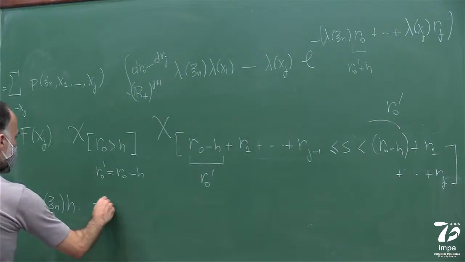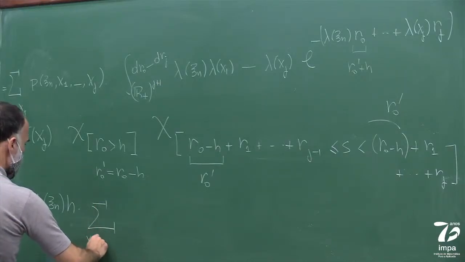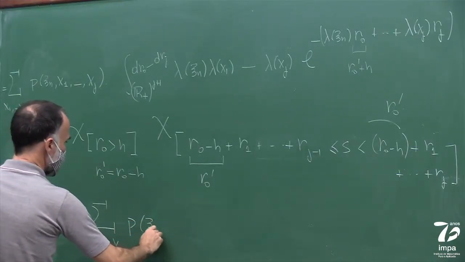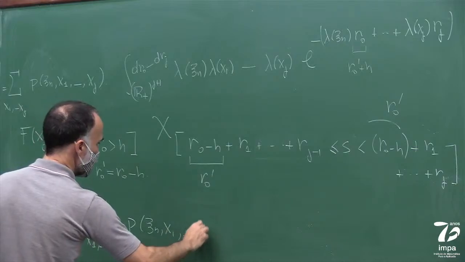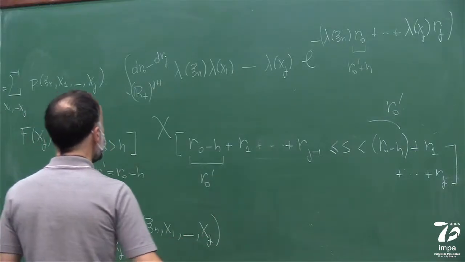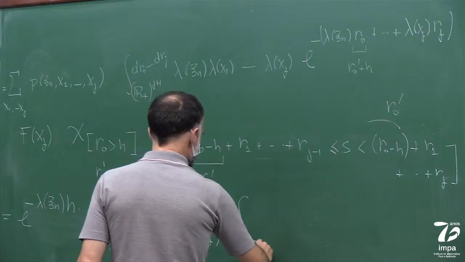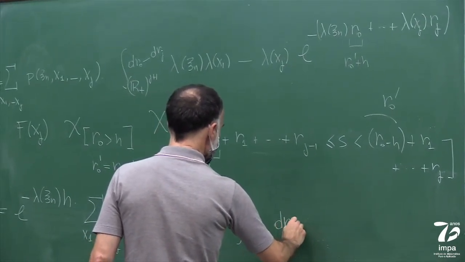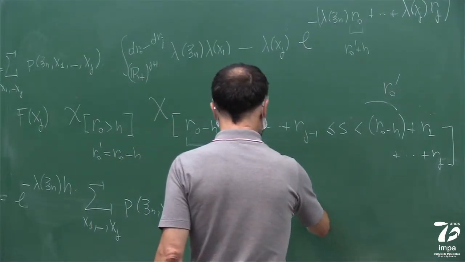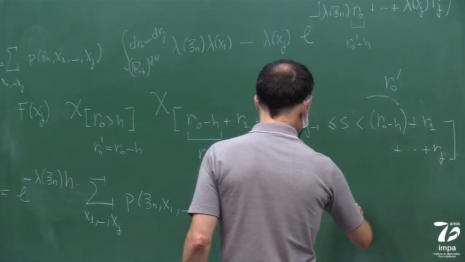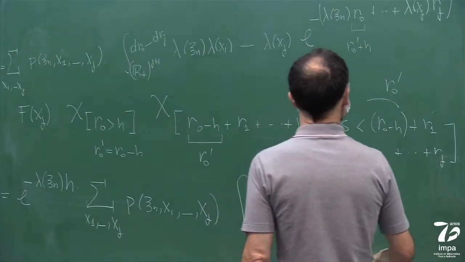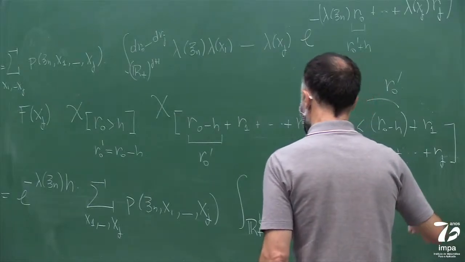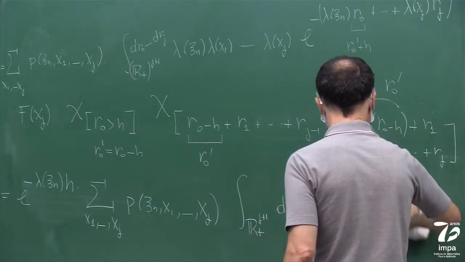And then a sum over x1 up to xj, same thing as before, p psi n x1 ... xj, integrated in R plus to the j plus 1, dr0 prime, dr1, ... drj, exponential minus lambda. Okay, I forgot the lambdas.